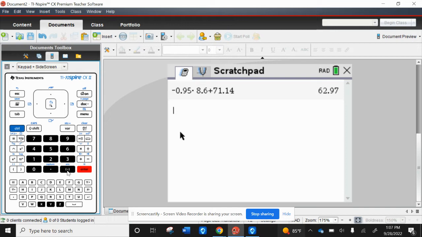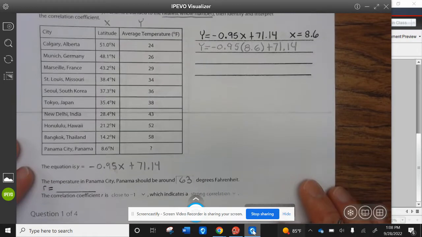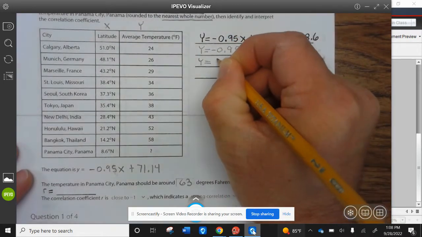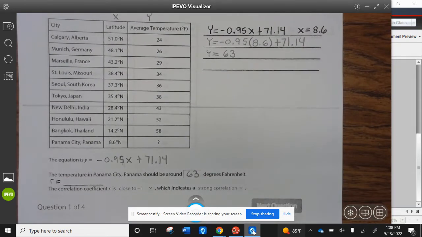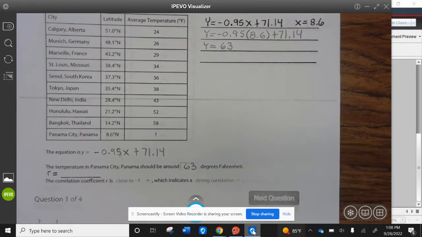Now, they want us to round to a whole number, so that's going to round to 63 degrees. So y equals 63. All right, so the temperature in Panama City, Panama, should be around 63 degrees Fahrenheit.